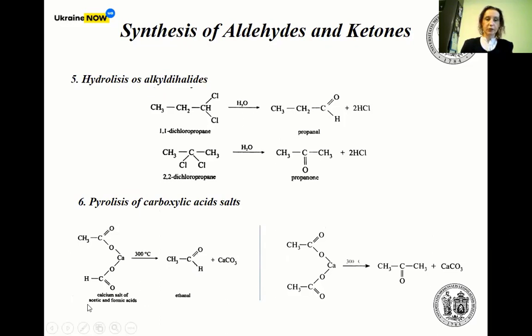And one more method is pyrolysis of carboxylic acid salts. Depending on the starting compound, we can obtain an aldehyde. If it is a mixed salt of some carboxylic acid and formic acid, then an aldehyde is formed.